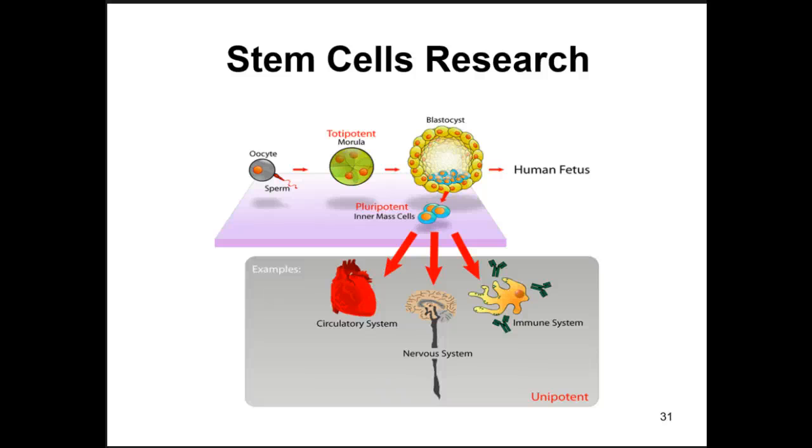The last thing I'll talk about related to biotechnology is stem cells. Stem cell research is something that is a hot area right now. Basically, all cells in the body come from stem cells. A stem cell is a cell that has not yet taken on a specialized function.